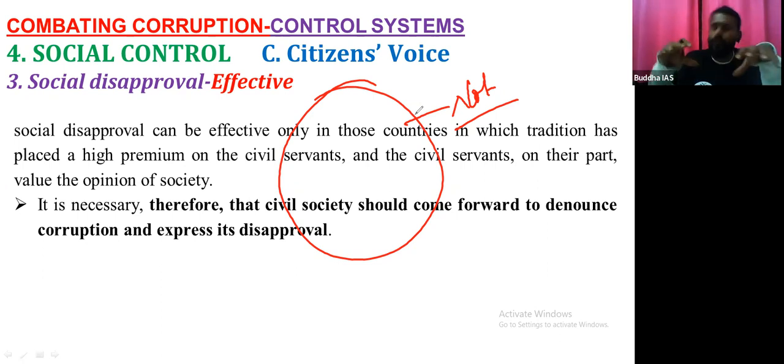You are the person who should be held responsible. You are the ultimate decision maker. If you can call someone king in democracy, that is people. If you are blaming the system, then you are blaming yourself. So citizens have to be very vigilant.